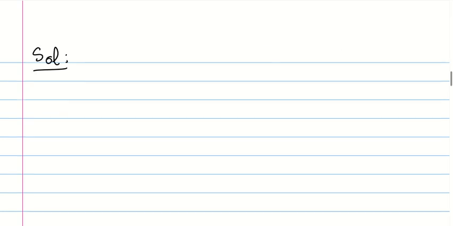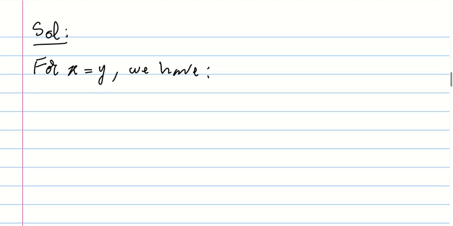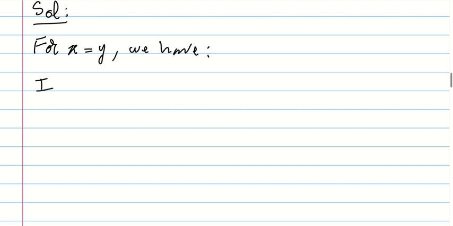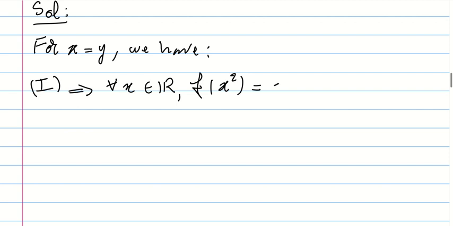Then for x equals y, we have that equation 1 implies that for all x in R, we have f of x squared equals 2x f of x.